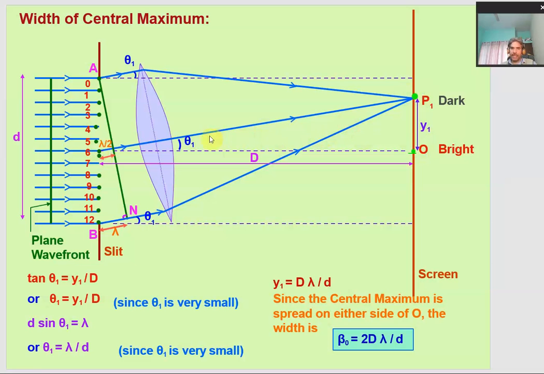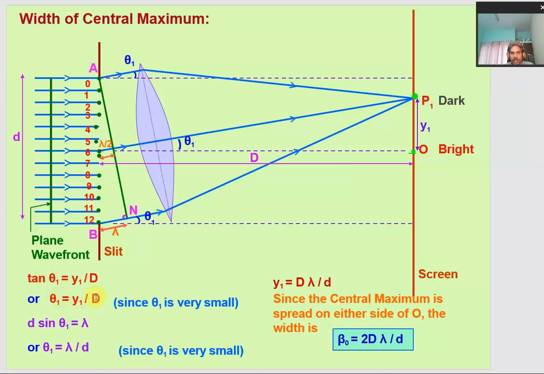So tan theta 1 will be equal to the perpendicular P1O, which is y1, divided by CO, which is equal to D. So tan theta 1 is equal to y1 upon D. And again, because angles remain quite small, tan theta 1 is very nearly equal to theta 1. So theta 1 becomes equal to y1 upon capital D.